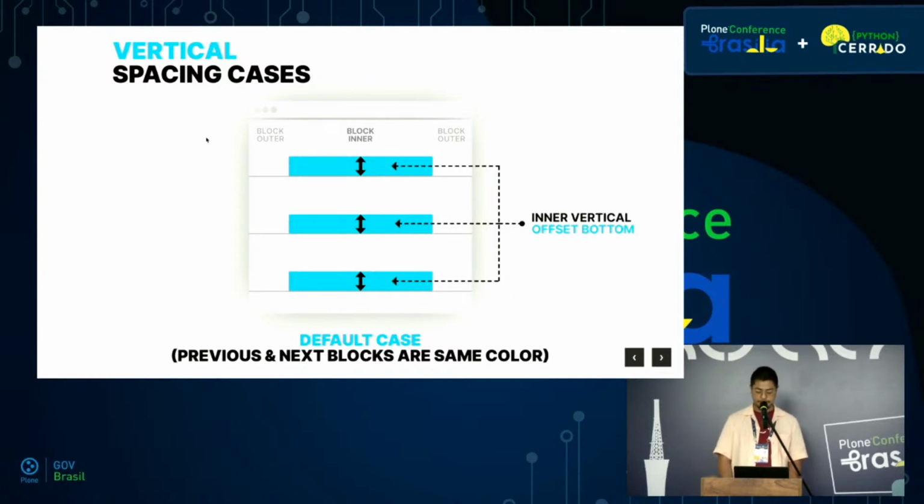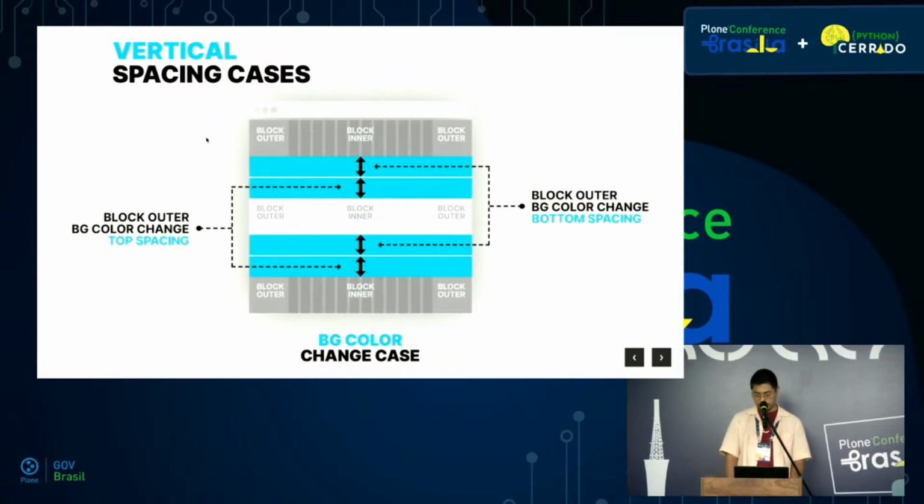But what happens when we have a different theme on the adjacent blocks? Well, for example, here we have a gray block, then a white block, and then again a gray block. And this is where the outer container comes into the game by adding this extra spacing. It is actually a different feature.